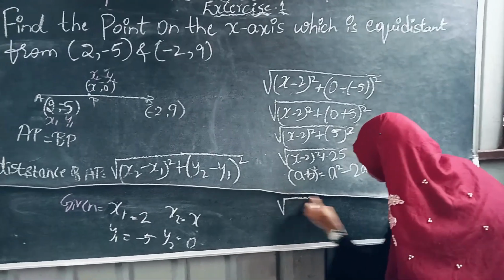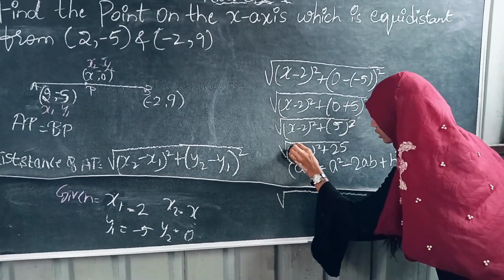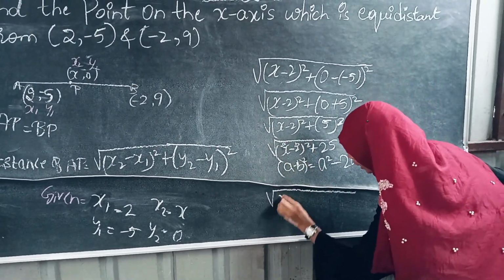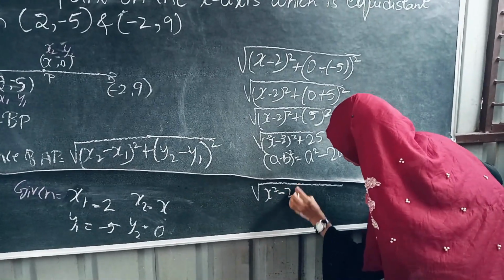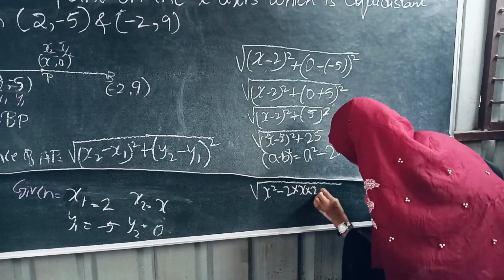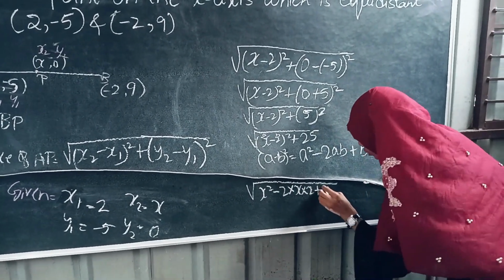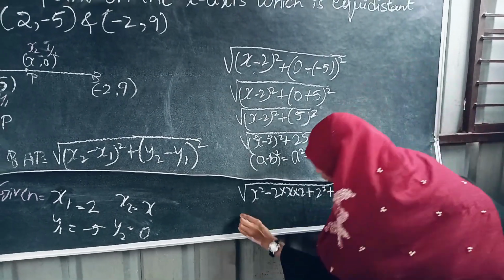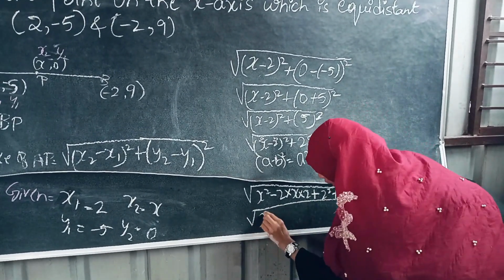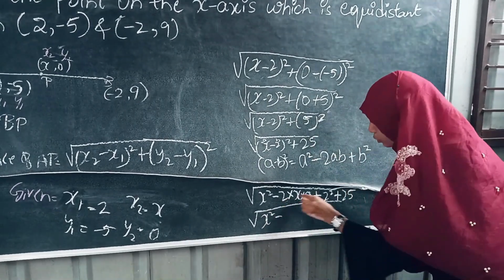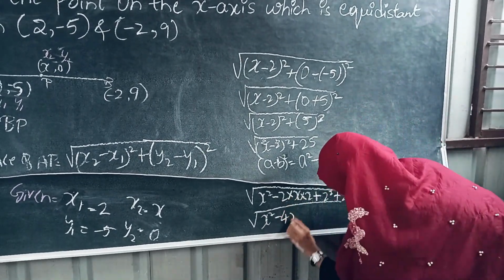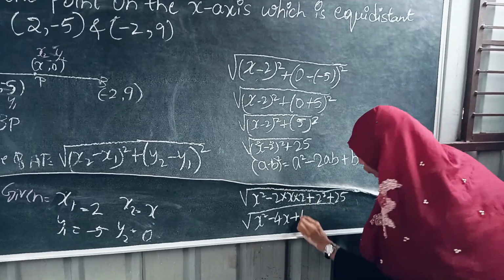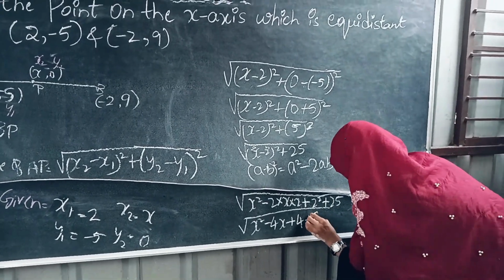Now this is a and this is b. Root of x square minus 2 into x into 2 plus 2 square plus 25. Root of x square minus 2 into 2, which is 4x, plus 2 into 2, which is 4, plus 25.